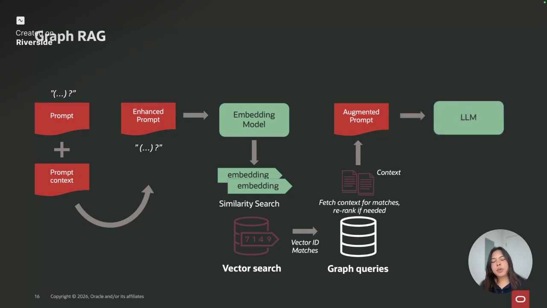So the result is going to be a response that grounds not just in semantically similar text, but also in structural relationships between the facts. So the LLM isn't just guessing the connections, because that graph is already in our database, right? So the structure is already there. And that's where we get the response.